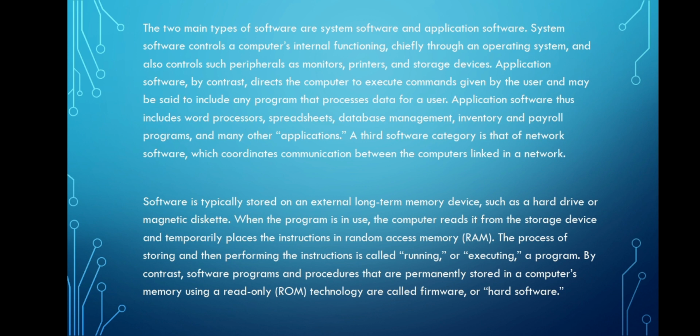The process of storing and then performing the instructions is called running or executing a program. By contrast, software programs and procedures that are permanently stored in a computer's memory using read-only technology are called firmware or hardware software.